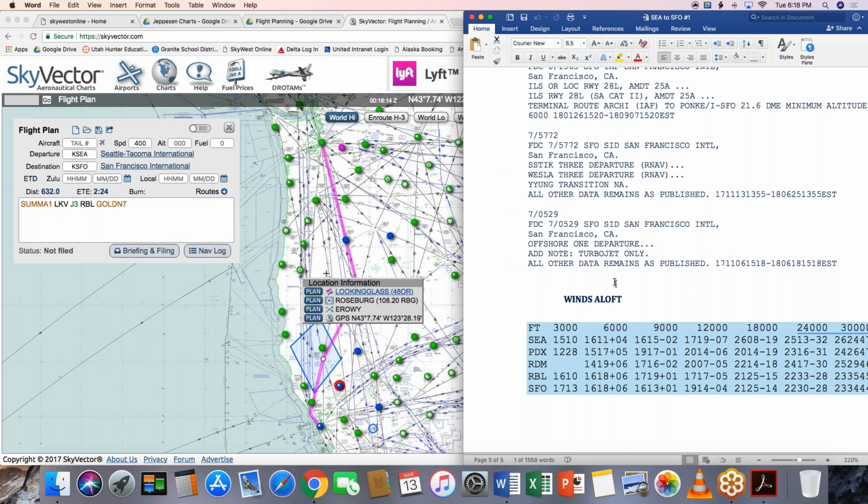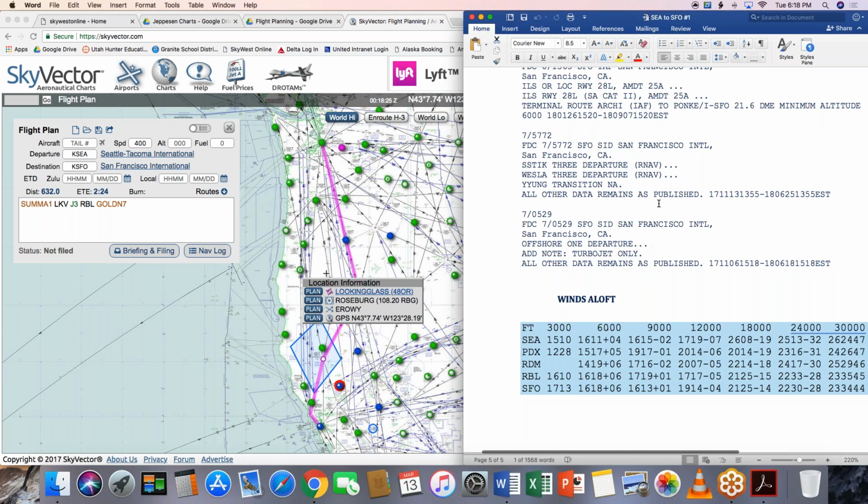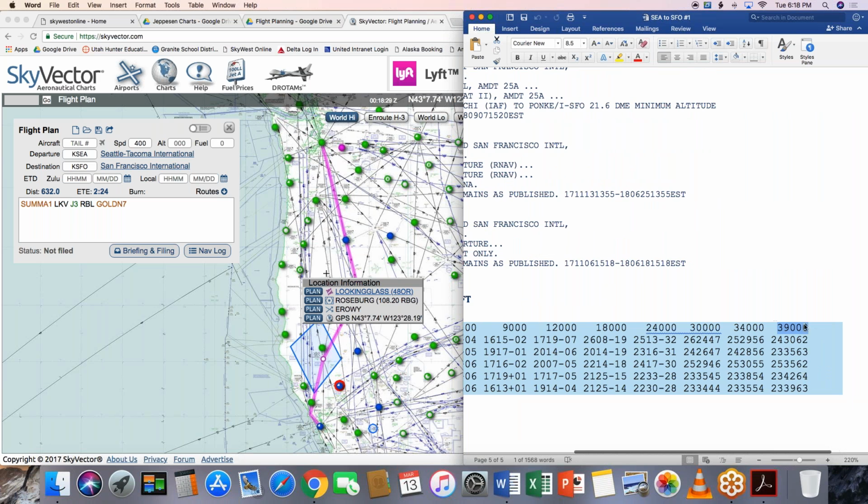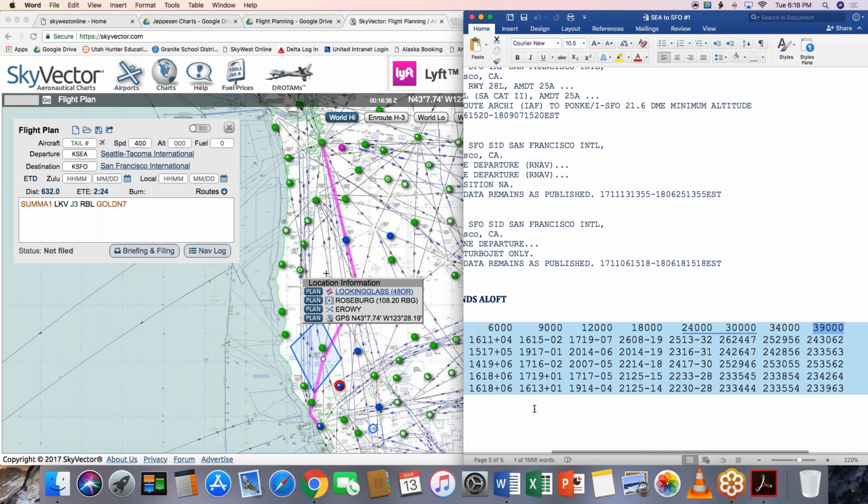Now what we want to do is get our winds aloft. Now that we know what altitude we're going to be cruising at, the max altitude on this chart is 39,000 feet.